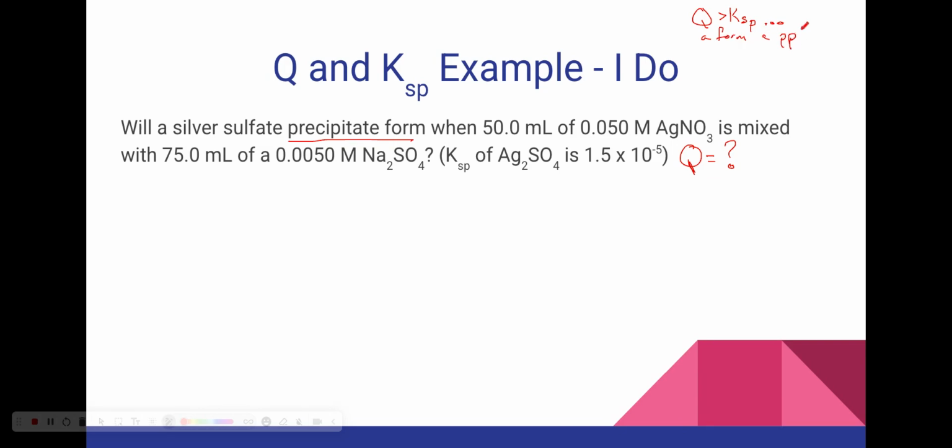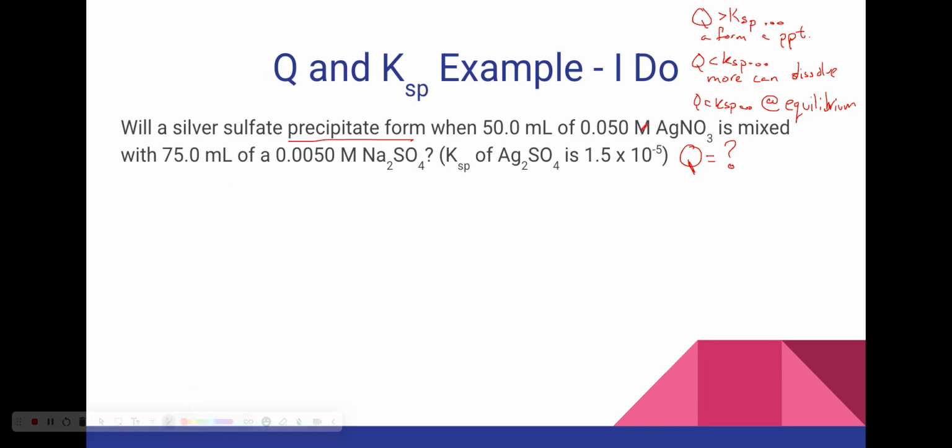Now, if Q is less than the KSP, more can dissolve. And then finally, if Q is equal to the KSP, we're at equilibrium, so that the rate of dissolving is equal to the rate of crystallizing. So with all that in mind, that's the long worded version of saying that we have to find Q.